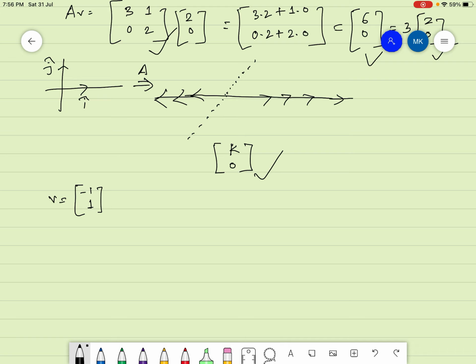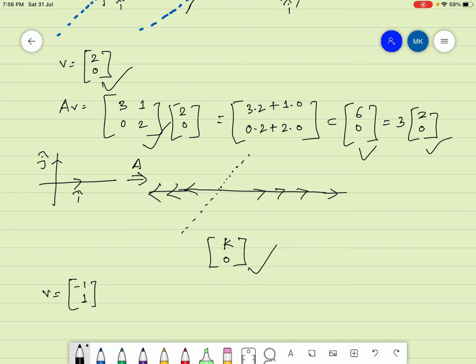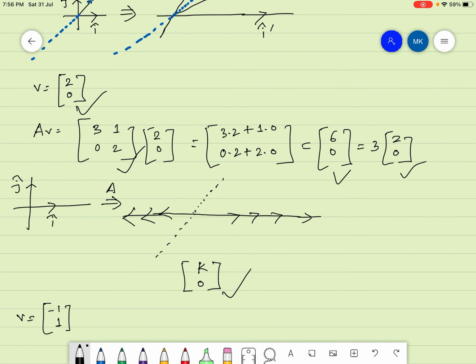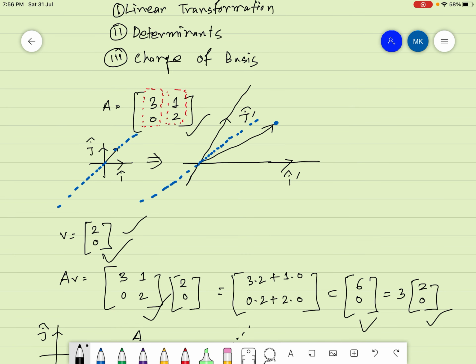Okay, so at this point you can agree with me that there are some vectors that stay on the same span after the linear transformation, like 2 0 and -1 1, and there are some vectors like let's say 1 1 that actually change the span after the transformation.